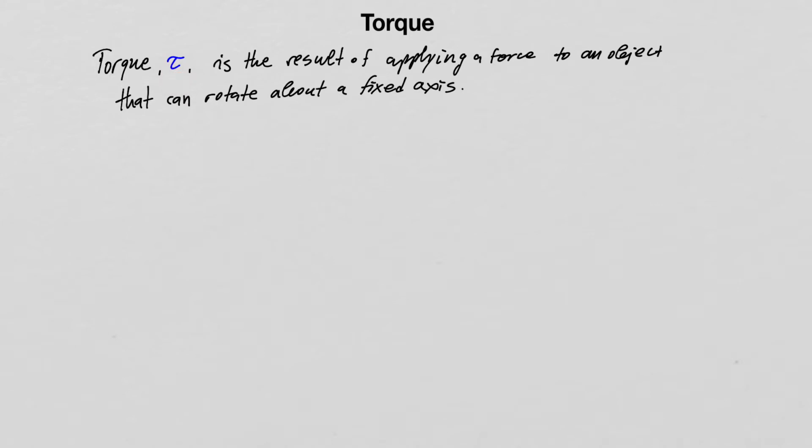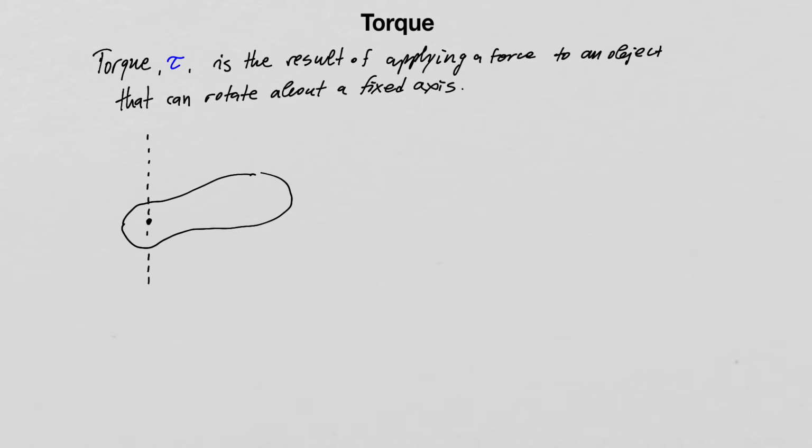Torque, tau, is the result of applying a force to an object that can rotate about a fixed axis. So what does that mean? Consider an object, just a random shaped slab that is fixed at this point and it can rotate about it.